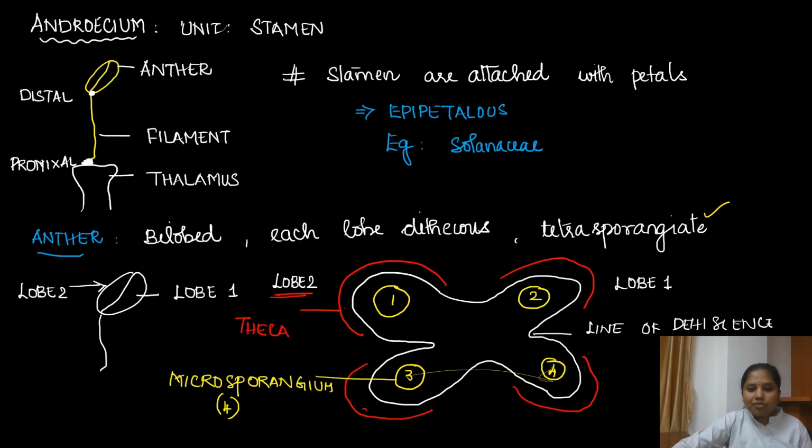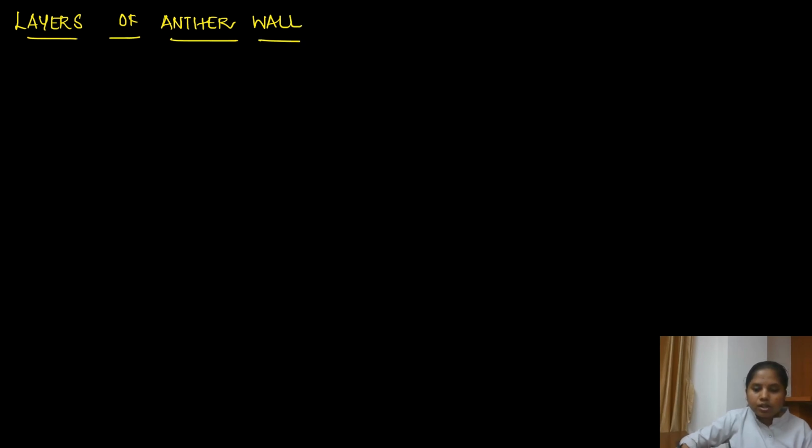Now moving further, let us see the structure of the microsporangium, or the layers of the anther wall. From the previous slide, we have seen the corner, so we are going to take just one half, one side corner. As in every other case, the outermost layer will be the epidermis.